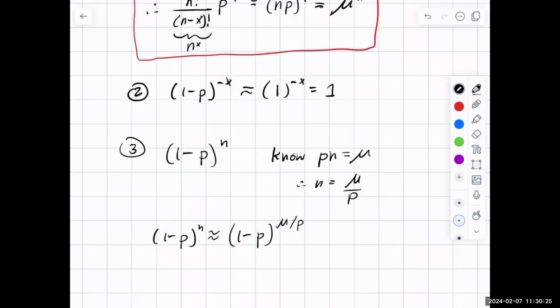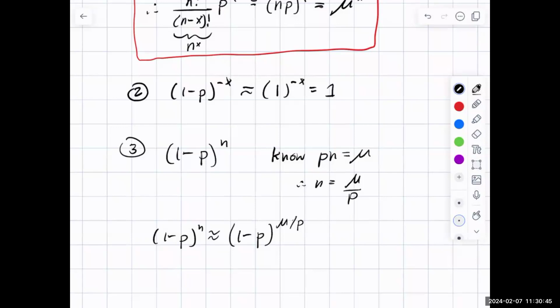But if we do 1 minus p to a large power, then what we end up with is something like 0.95 to the 100, and that's not so close to 1 anymore. So the difference is large power, small power. That's why we're doing a different approximation.